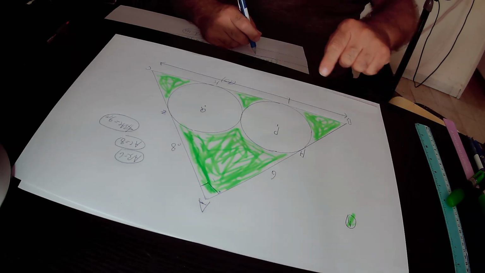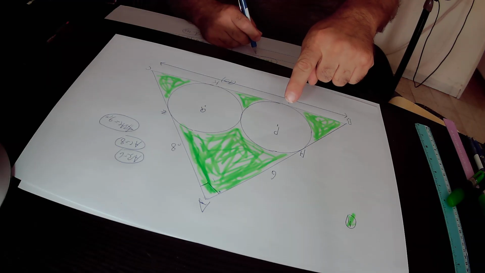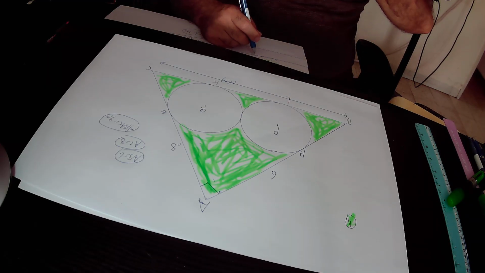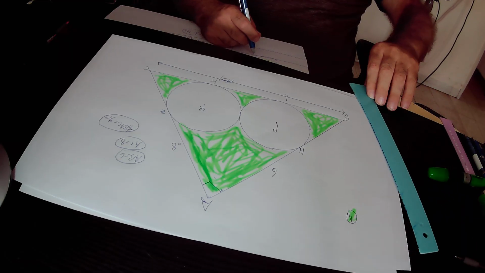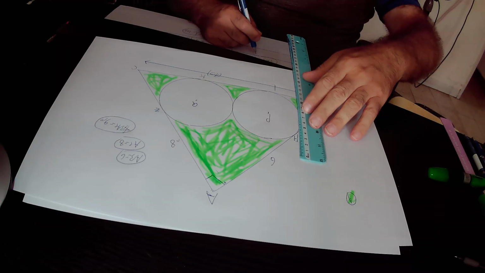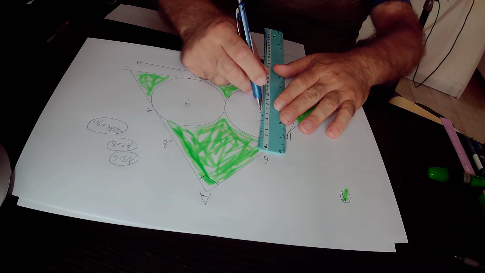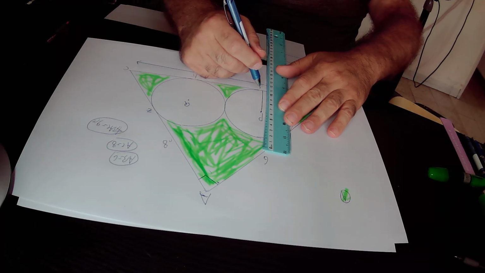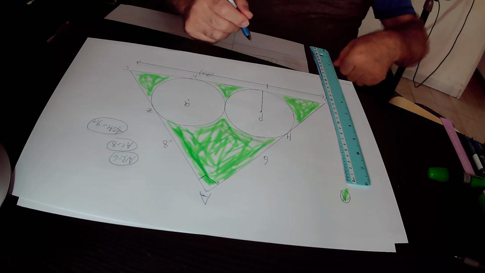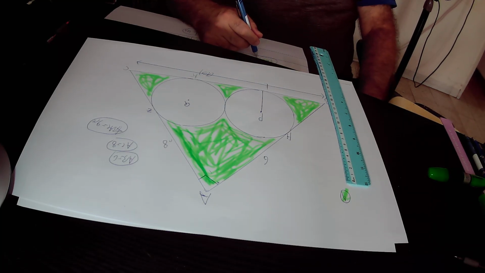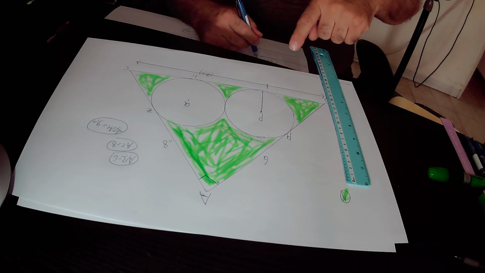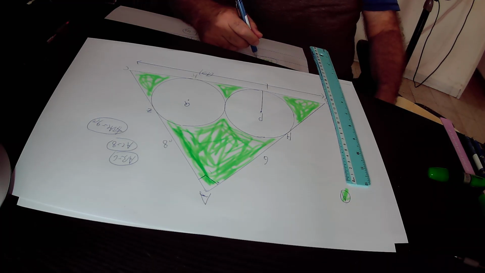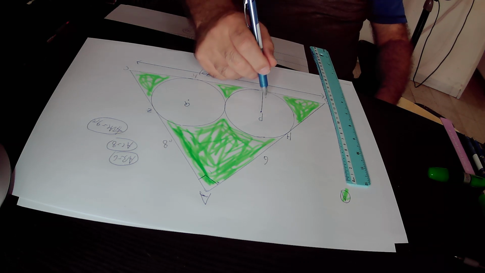In the next step, we join points P and L together by a straight line. Point P is the center of the circle, point L is a point on the circle itself, therefore PL is the radius of the circle that equals x.